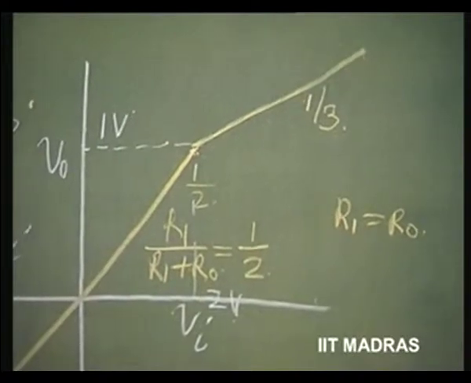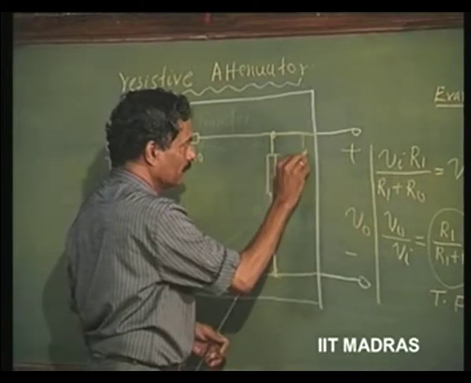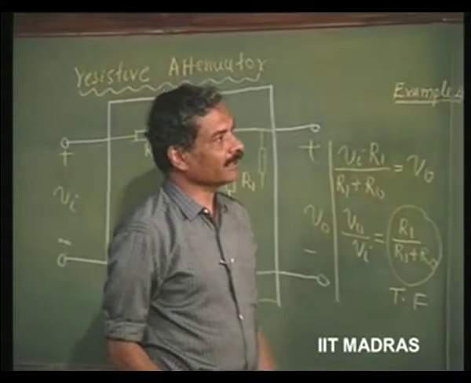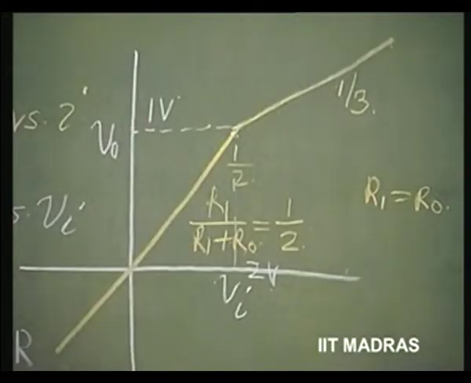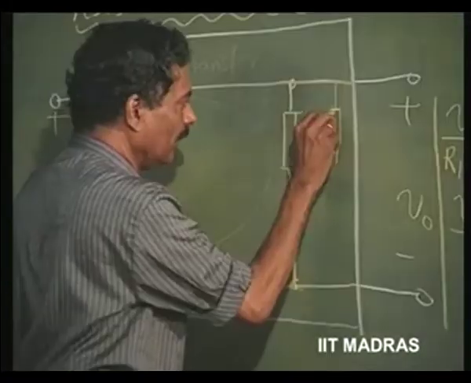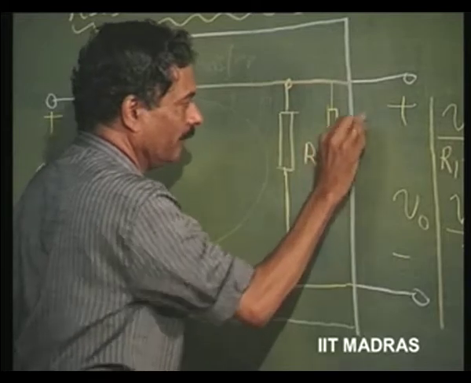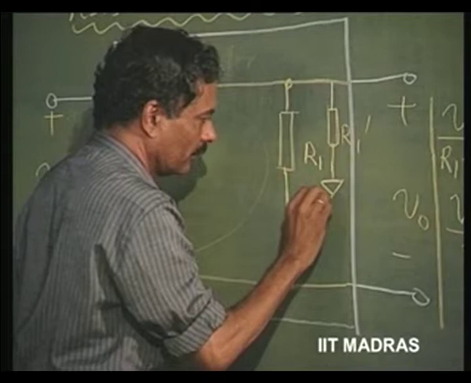So, I would like to bring in another resistance here, after a certain voltage is reached, that is, after 1 volt is reached. So, I now bring in another resistance, let us say R1 prime.